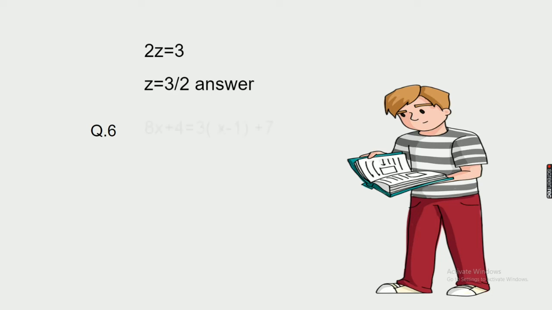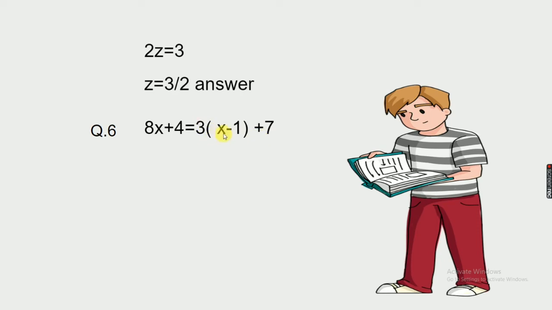This is question number 6 of your exercise 2.3. Here is the problem: 8x plus 4 is equal to 3 times bracket x minus 1 bracket close plus 7.